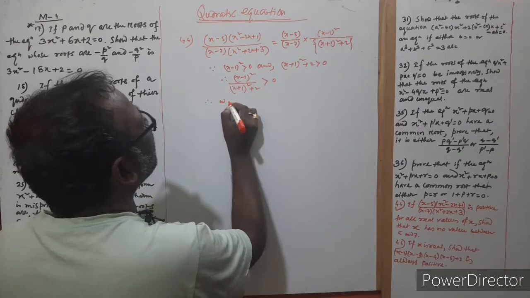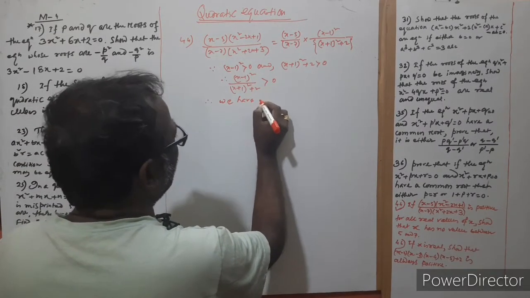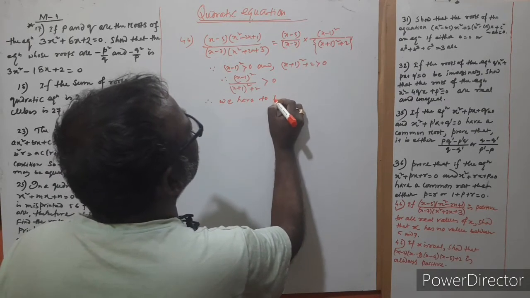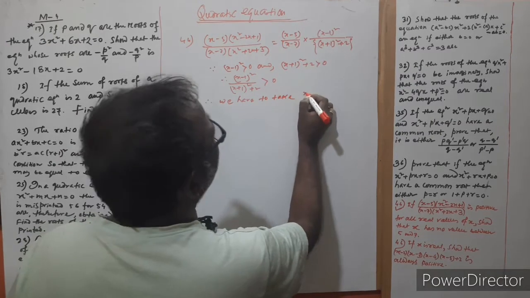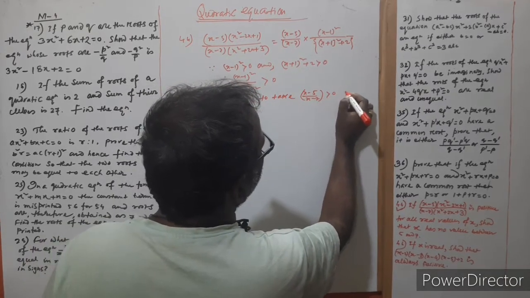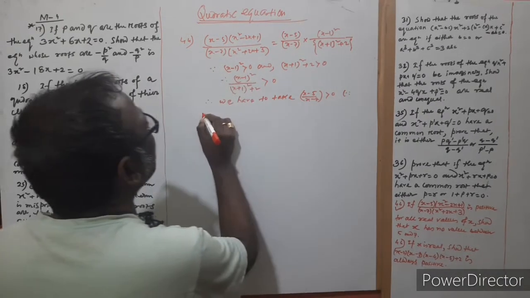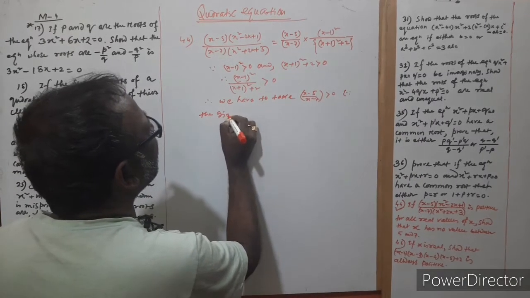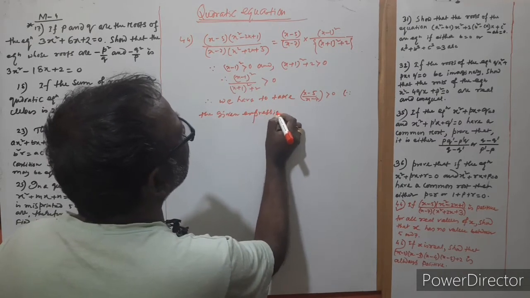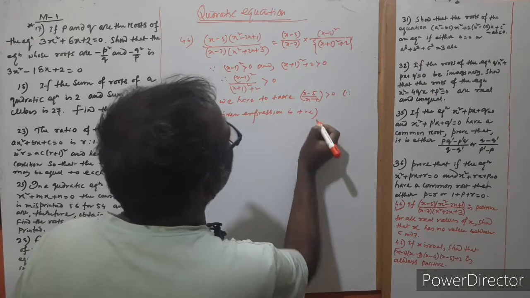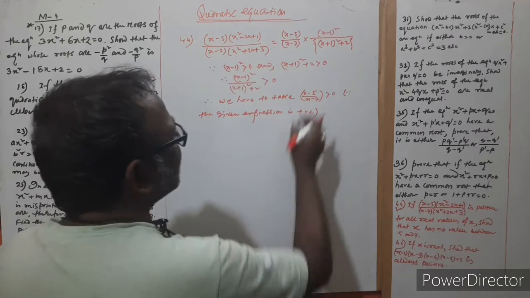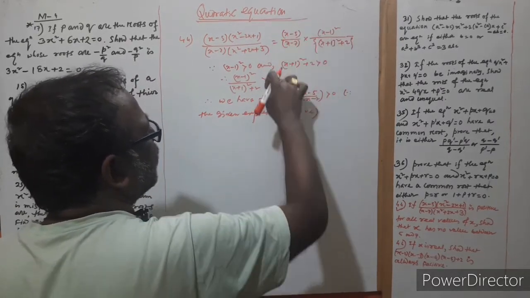Therefore we have to take (x minus 5) by (x minus 7) is more than 0, since the given expression is positive. This is our clear view. The question says that this expression is positive, so as the expression is positive, we have to take a positive sign.